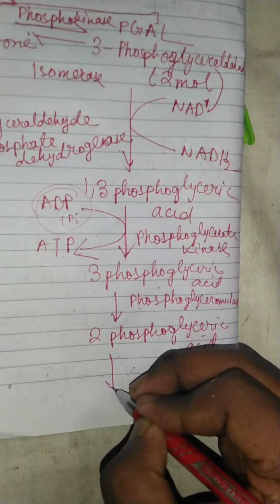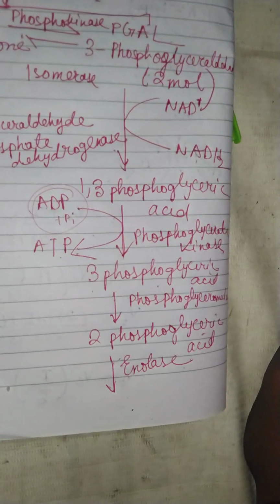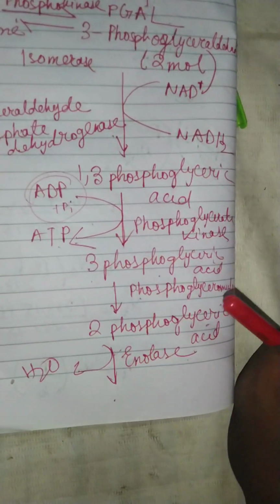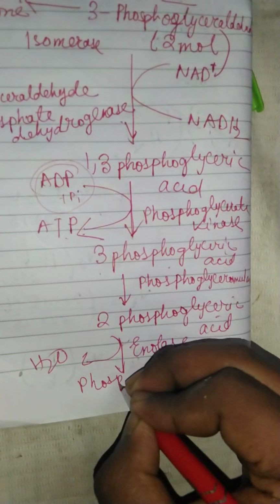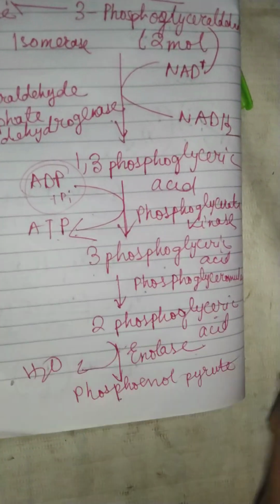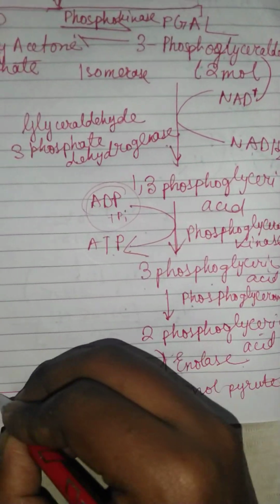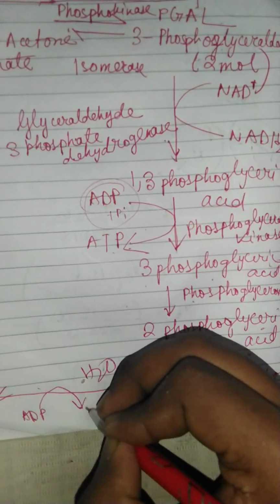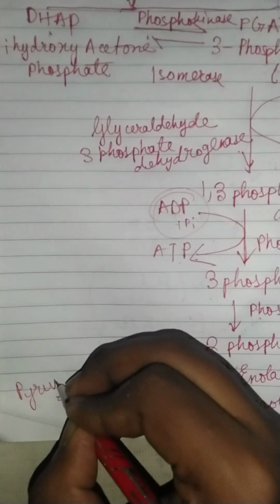Now in the presence of enolase, water will come out, resulting in the formation of phosphoenolpyruvate. Then this phosphoenolpyruvate, again ADP forms ATP, and it forms pyruvic acid.